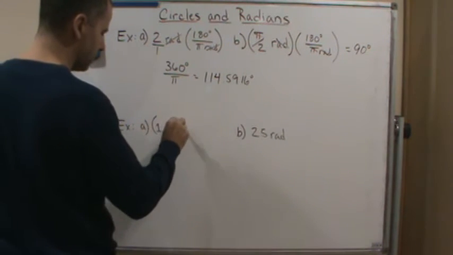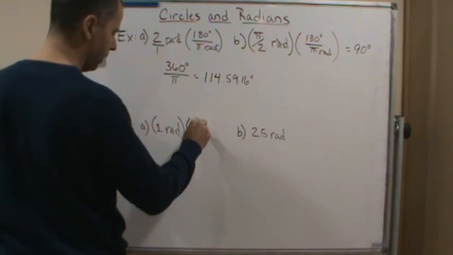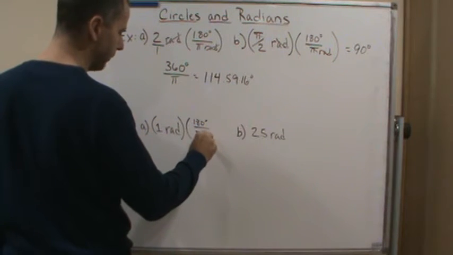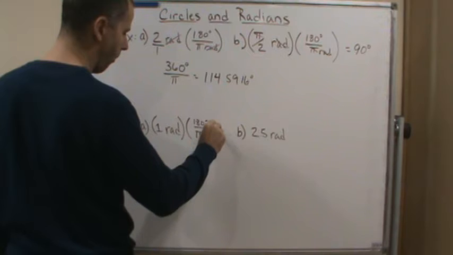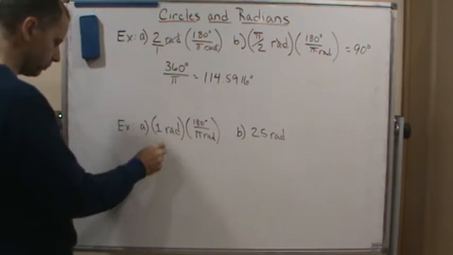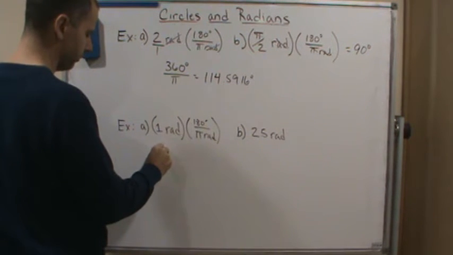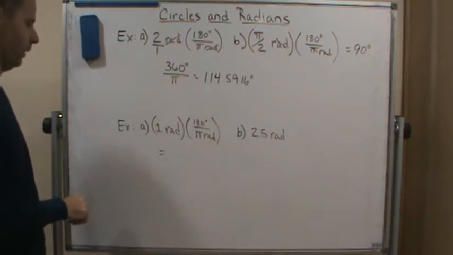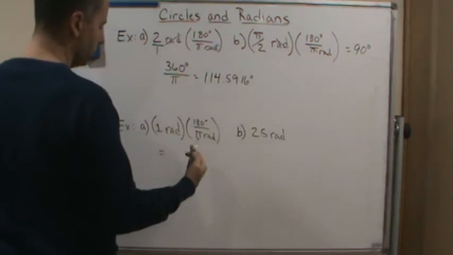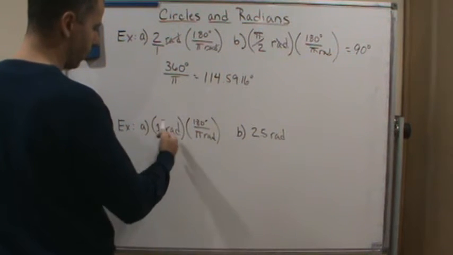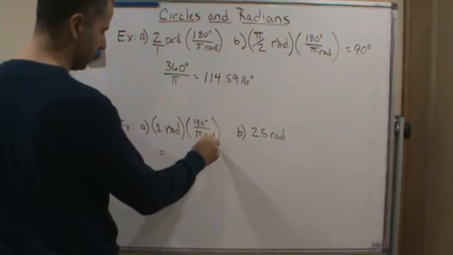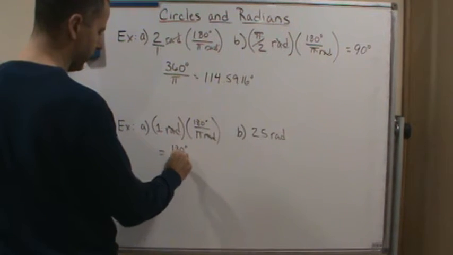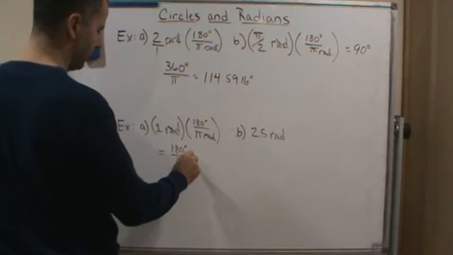So multiply this by, again, 180 degrees by pi radians. And what do you get? And let's say we want to round to the nearest second. Okay? So, in this case, 1 radian, so the radians cancel, and so you get 180 degrees divided by pi.